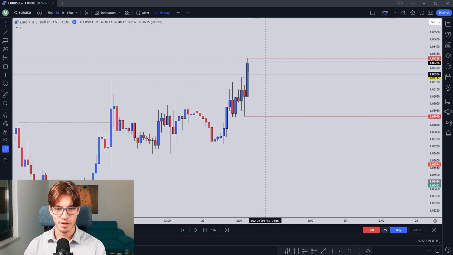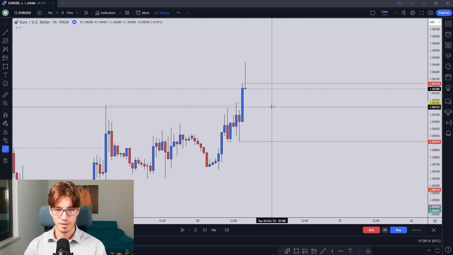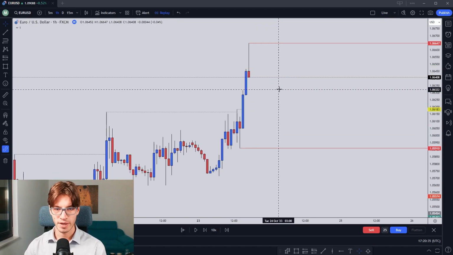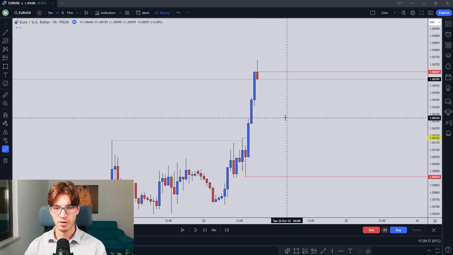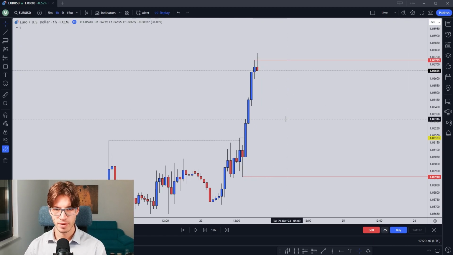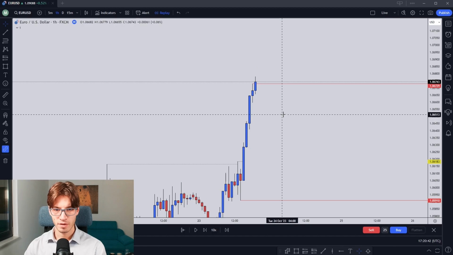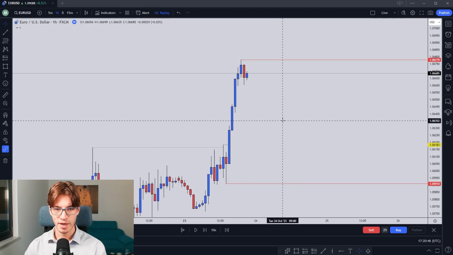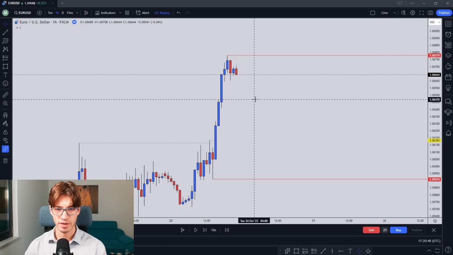Okay, price breaks the high. Some momentum potentially. Yes, this is now promising. Let's see if we get an entry. Even better, it's looking very nice. Okay, going up. Pullback. Let's see if we get a flag formation right here.